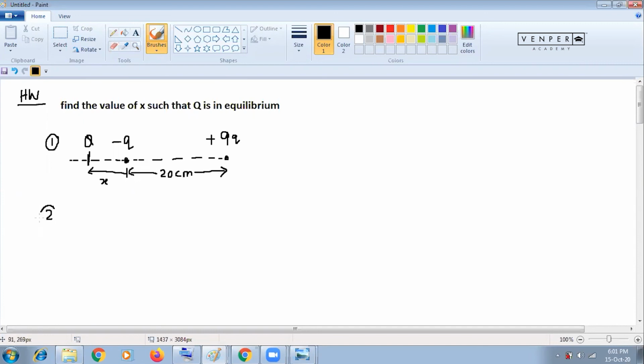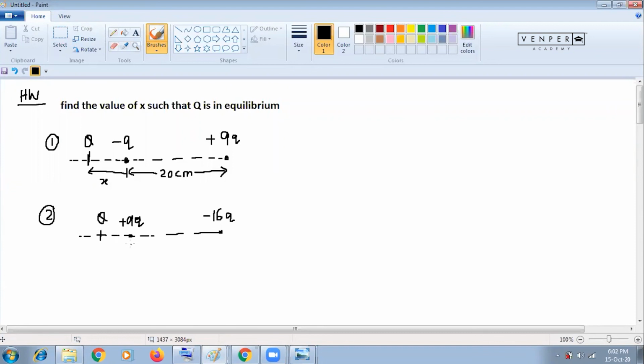So question number 1 you write, question number 2 also write. We are putting the third charge, and always you have to put it near the smaller charge, that you remember.